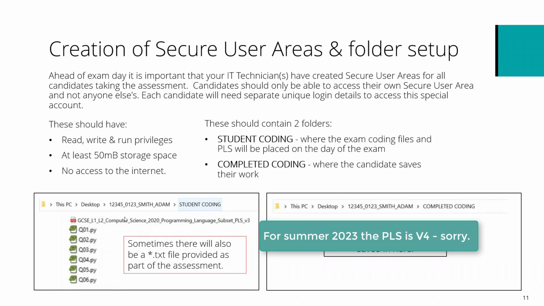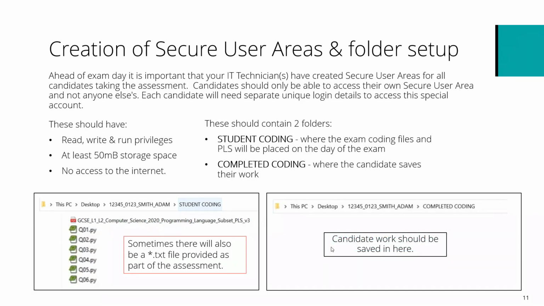So that will be there in a digital form along with the seed code files. They will also have the PLS as a paper insert with their question paper. So it can be both on their desk physically as well as digitally in the student coding folder. And then the candidate should save their work into the completed coding.